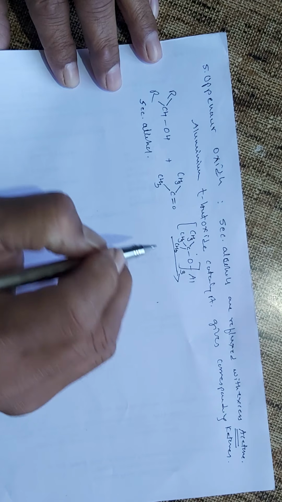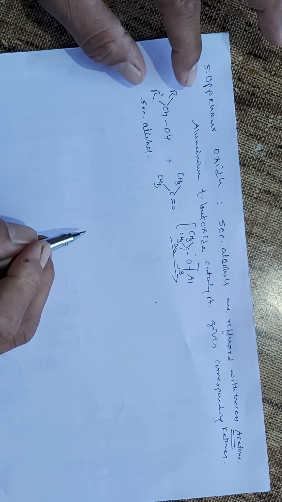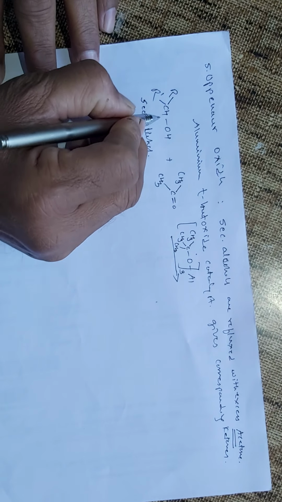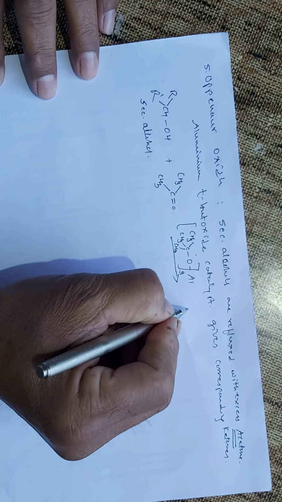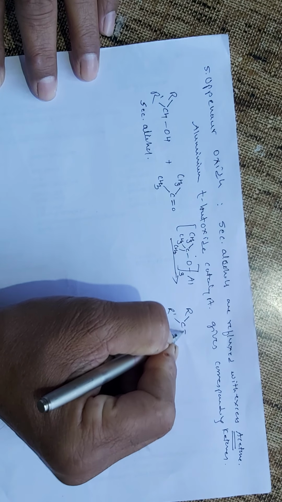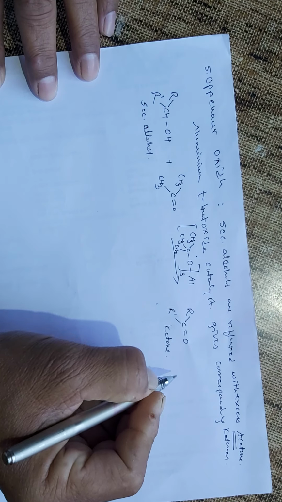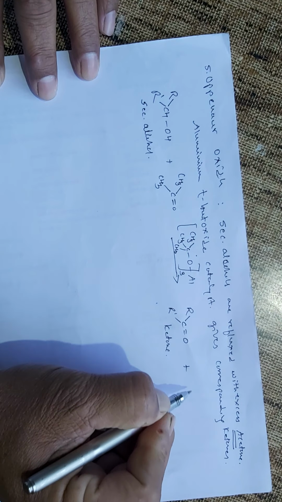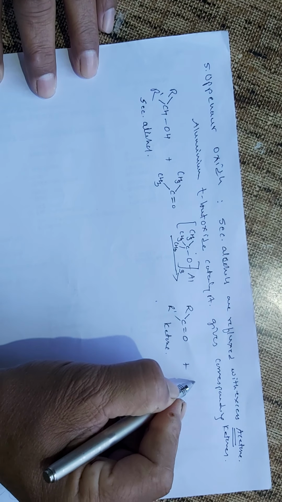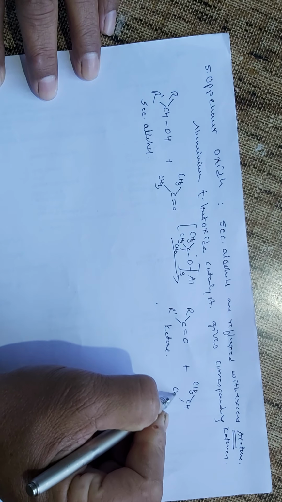The secondary alcohol may have two different types of R groups. So what is going to happen? The secondary alcohol is converted into its corresponding ketone, and the acetone is converted to isopropyl alcohol.